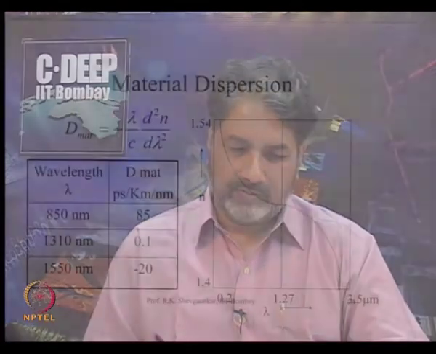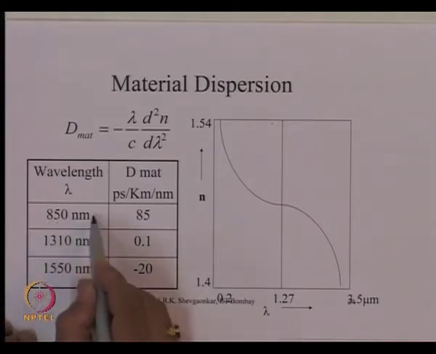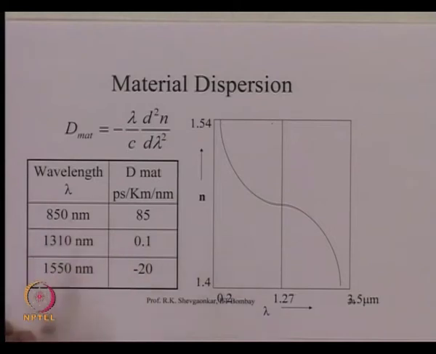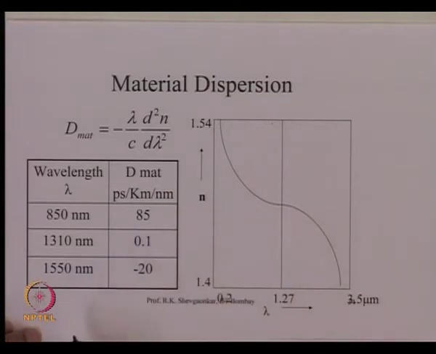Then this table shows you the dispersion which you will get at different wavelengths. So the first window of optical communication, which was 850 nanometer, the dispersion is as high as 85 picosecond per kilometer per nanometer.